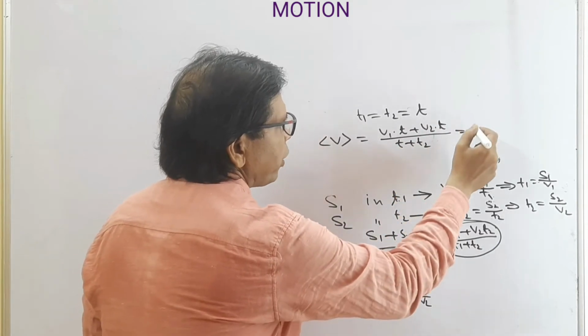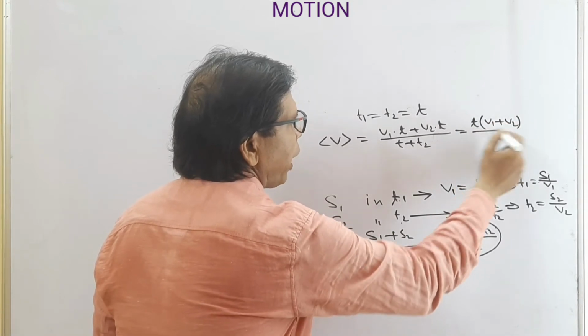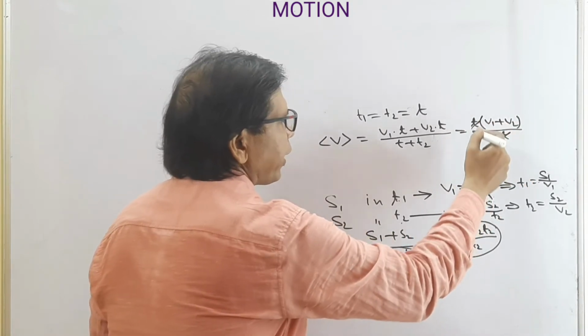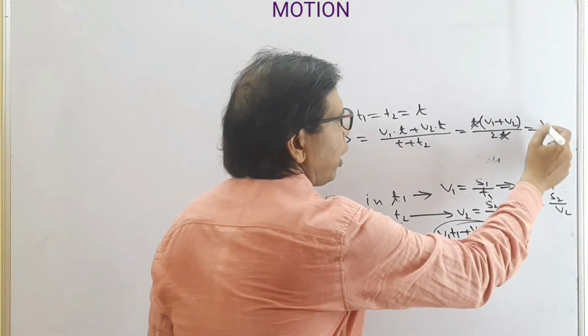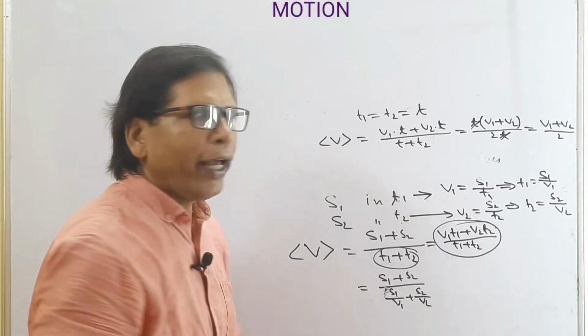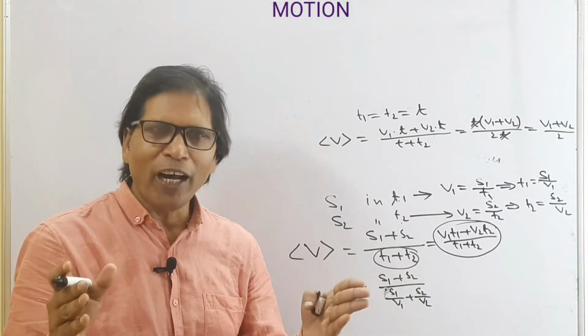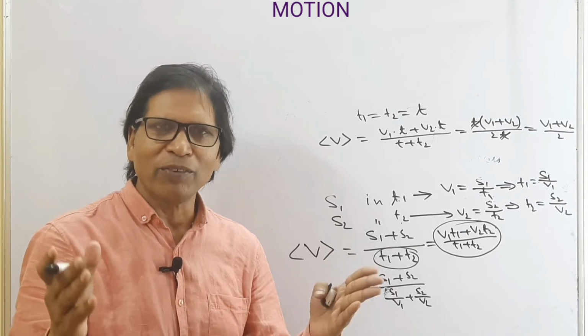So t gets common, (v1 plus v2) divided by 2t. Now t cancels out. So this is (v1 plus v2) by 2. So average speed in equal time is equal to (v1 plus v2) by 2.